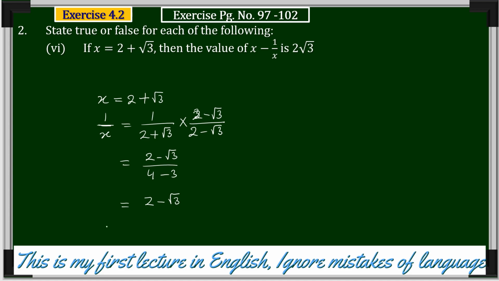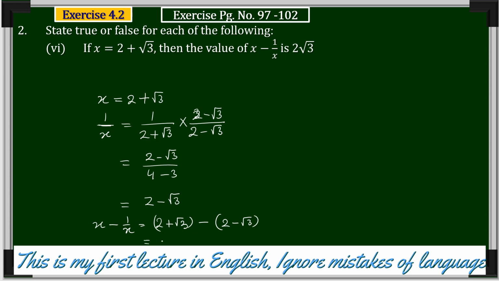Now get the solution of x minus 1 upon x by putting the values of x and 1 upon x. So x is equal to 2 plus root 3 in brackets, and minus 1 upon x, which is 2 minus root 3, written in brackets because of this sign.